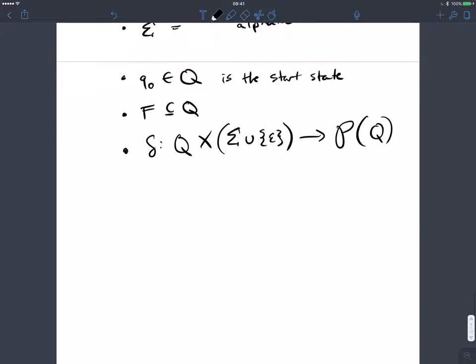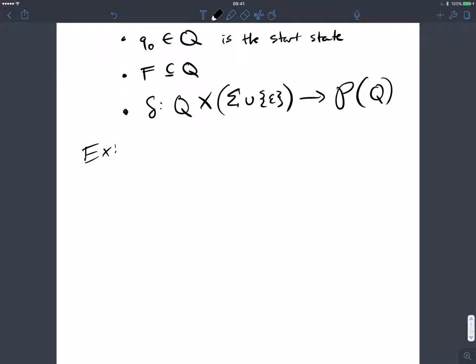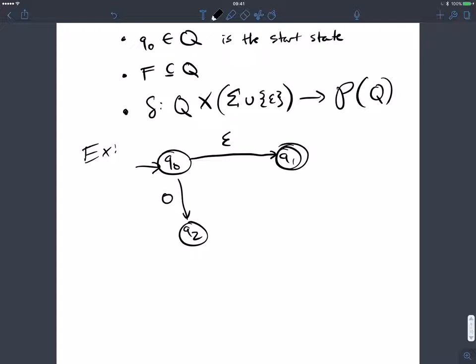So let's work with an example. Let's incorporate multiple transitions and epsilon transitions in the same example. So Q0's start again, Q1's final, and Q2 is not either. So I'm going to have an epsilon transition here. Let's say the alphabet is 0, 1. Okay, let's work with that example.